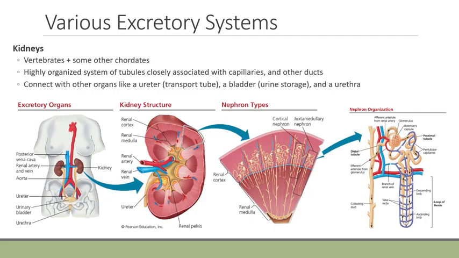They themselves aren't just connected directly to the external opening, they instead will lead to other organs that can transport larger amounts of waste fluids all at once. Things like a ureter, like we see here, which will connect to something like a bladder, which can store a bunch of urine until it's a good, safe time to release it, and then a urethra, which actually expels the wastes itself.